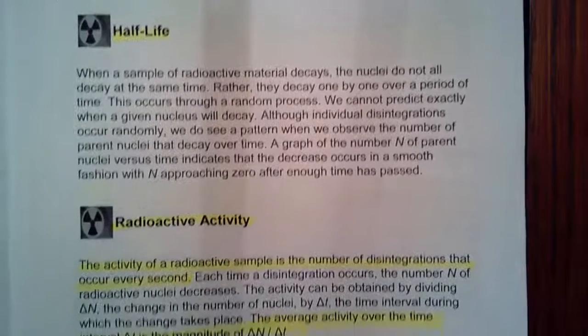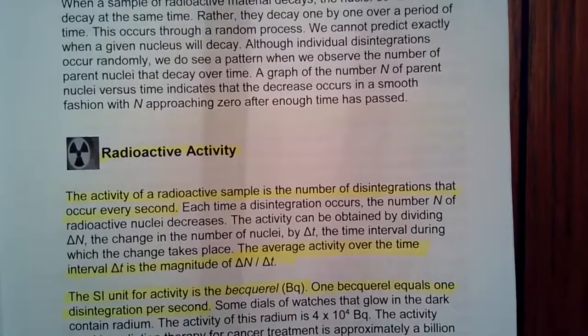The activity of a radioactive sample is the number of disintegrations that occur per second. Every time a decay happens, the number N of radioactive nuclei decreases, obviously because it is decaying.